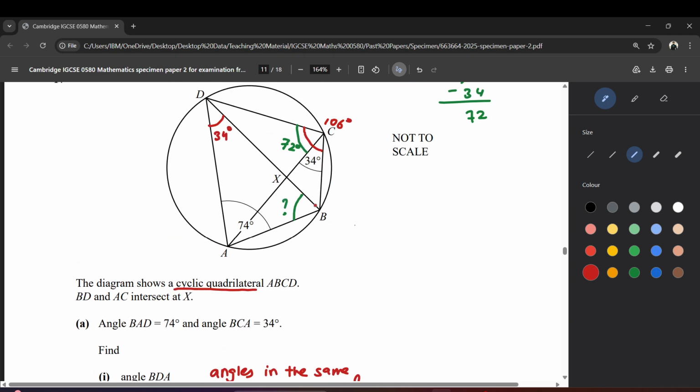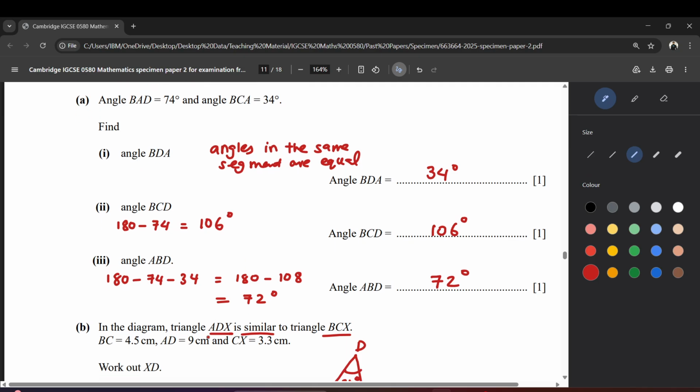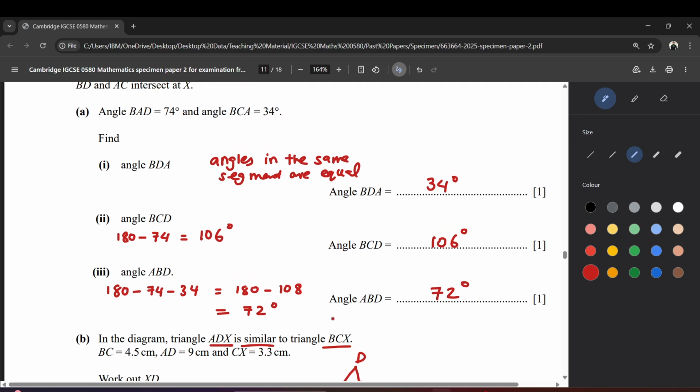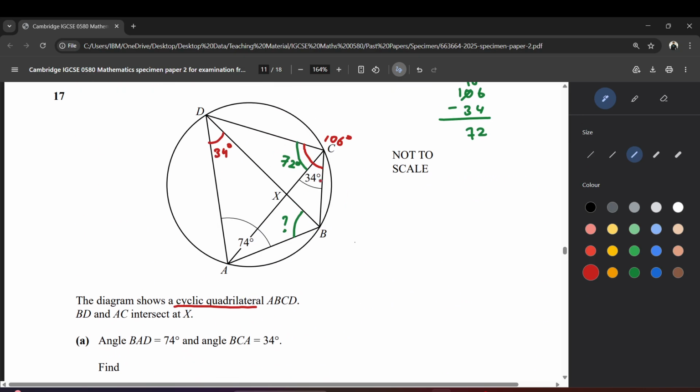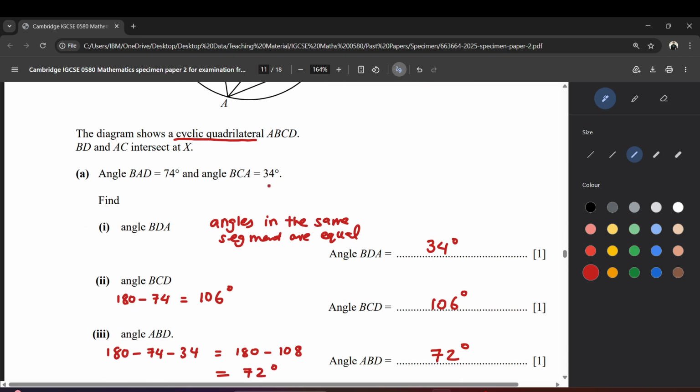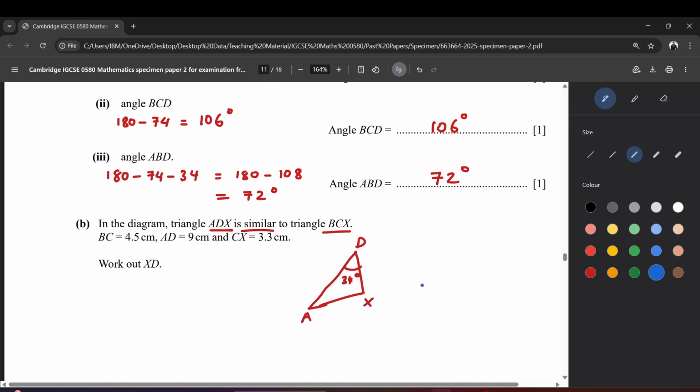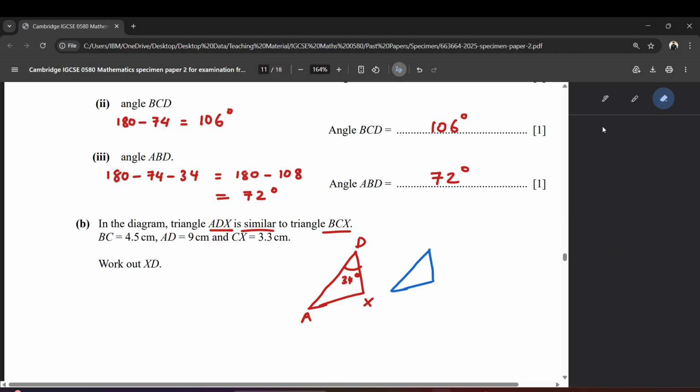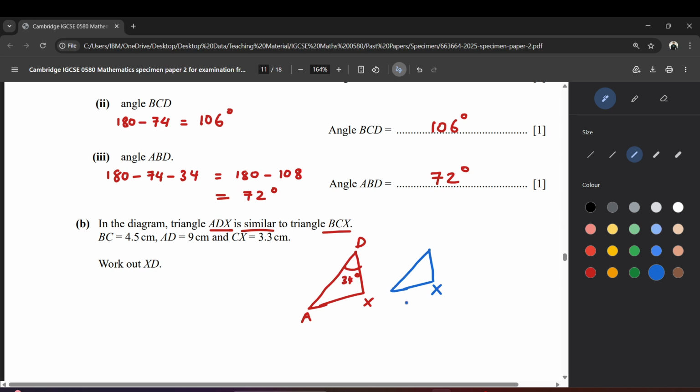Now BCX. So BCX is this triangle. Now I'm going to draw this triangle, but it has to be in the same orientation as this triangle. So it should be something similar to this. Now I have to label it as well. This point is also X, because they are the common points, so they are the same.